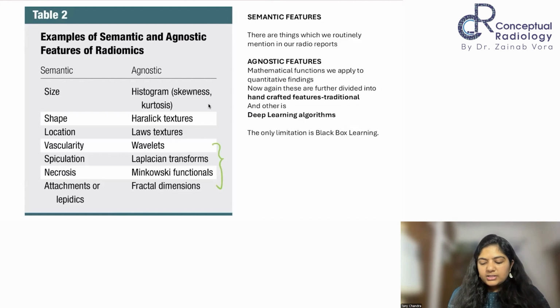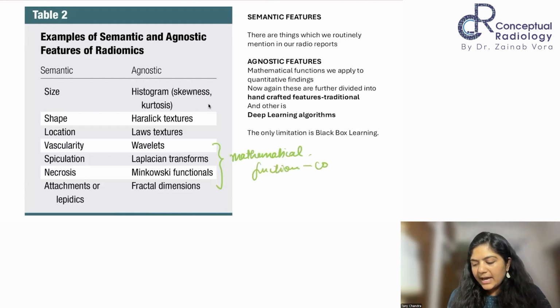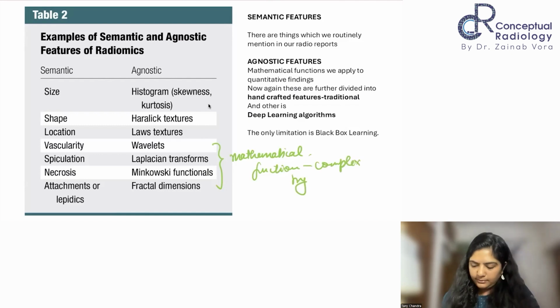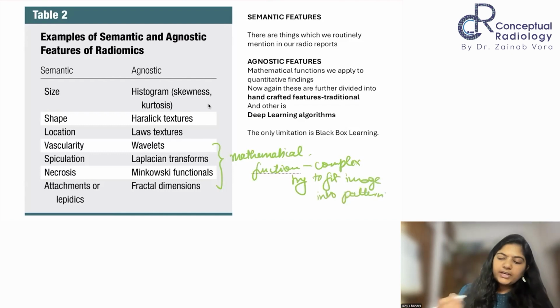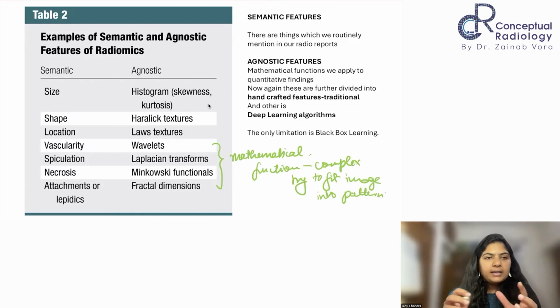These are just some mathematical functions, which are much more complex, and they try to fit the image into a pattern, right? So it's trying to understand the image, right? So these are the various mathematical ways in which we can do it.